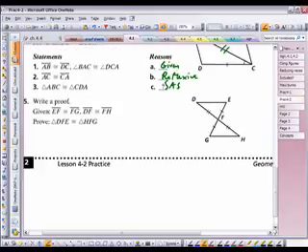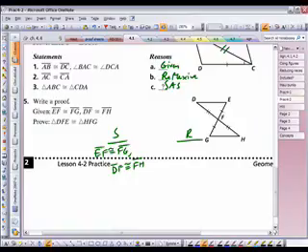Okay, now for this one, we set up some statements, we set up some reasons. I write EF is congruent to FG, and DF is congruent to FH, and that's given. And we've already got a figure. If you don't have one, you've got to draw it and label it. It's already labeled.